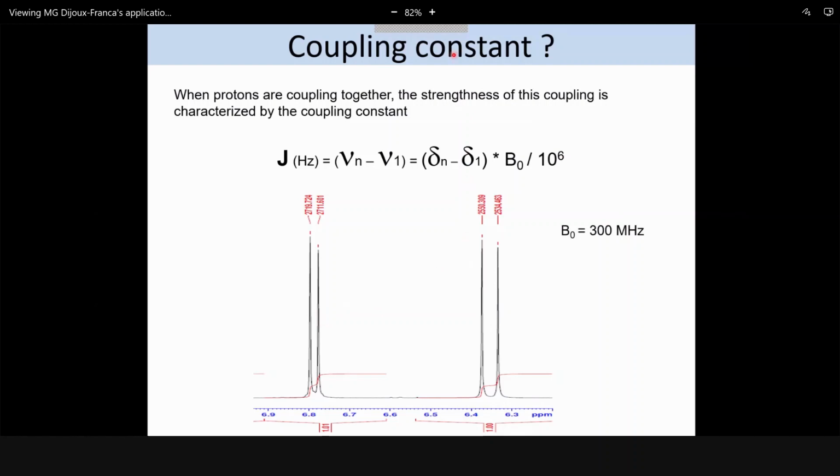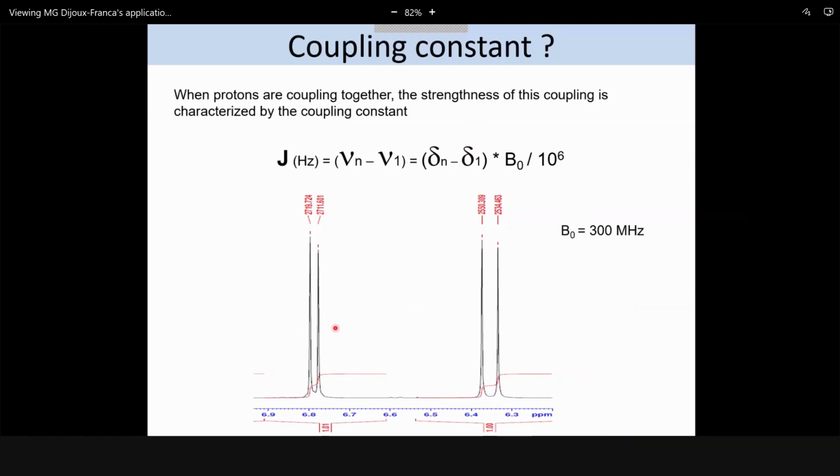And as I said, the coupling constant will give us the strength of the coupling between the protons, and this strength is closely related to the distance between protons. So without the real value, I can see that this coupling constant will be lower than that one.